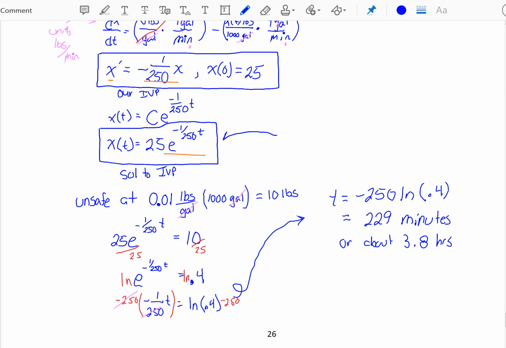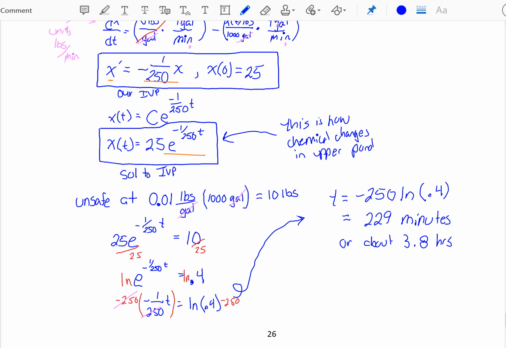This is how the chemical in the first pond changes. That's how it is. It's x of t.